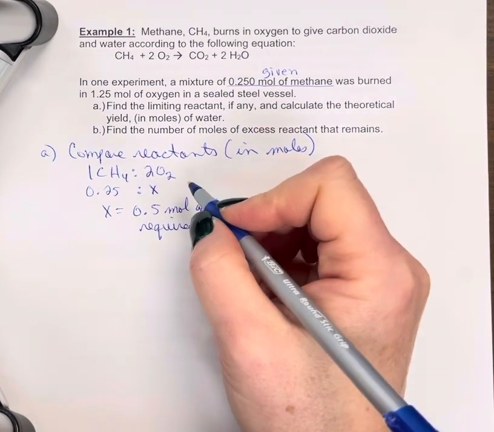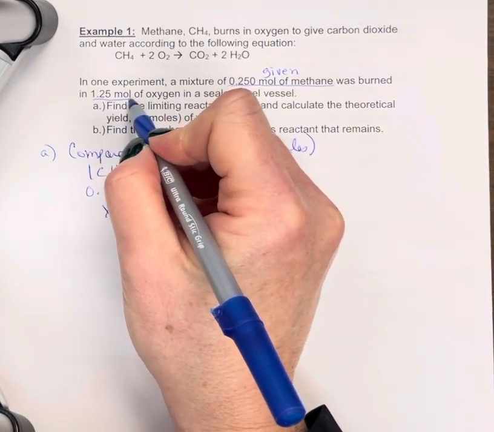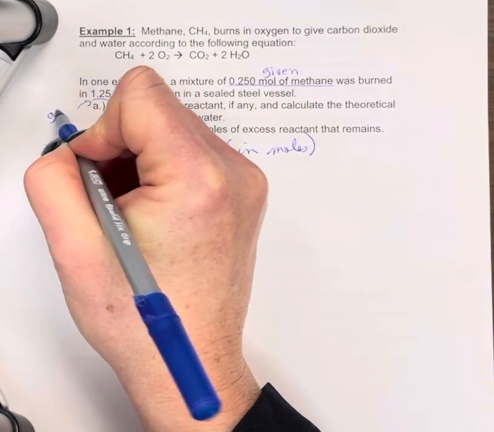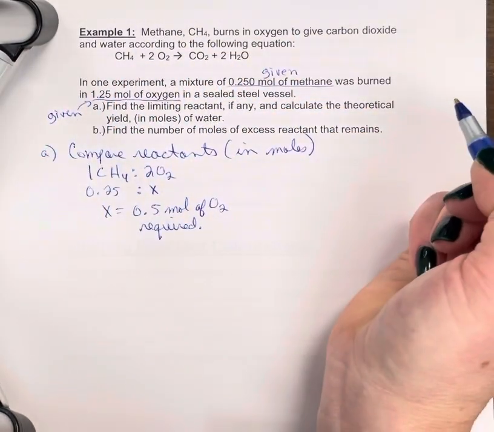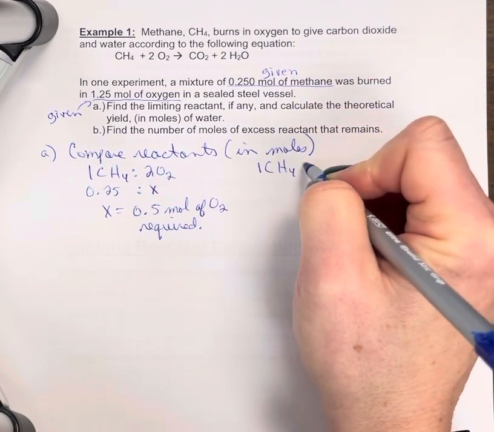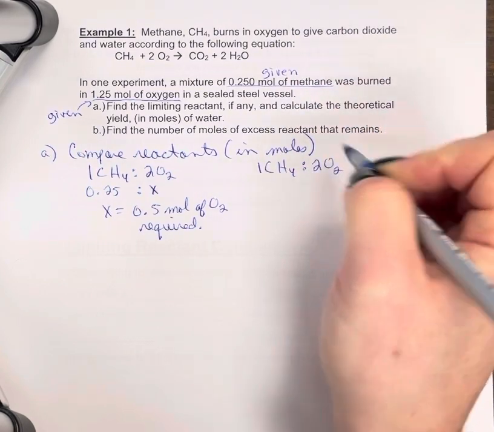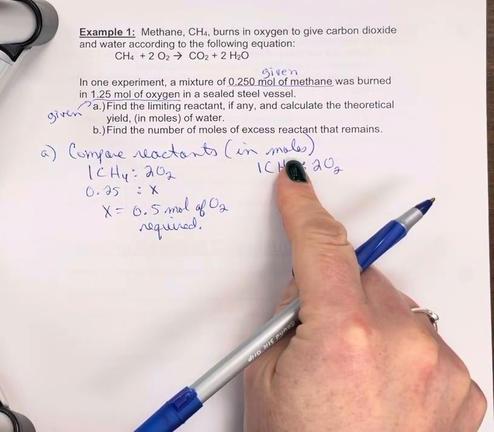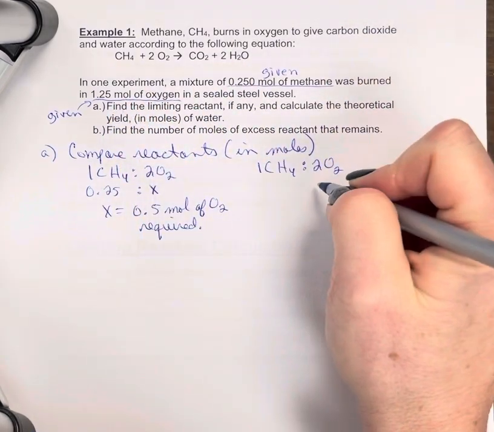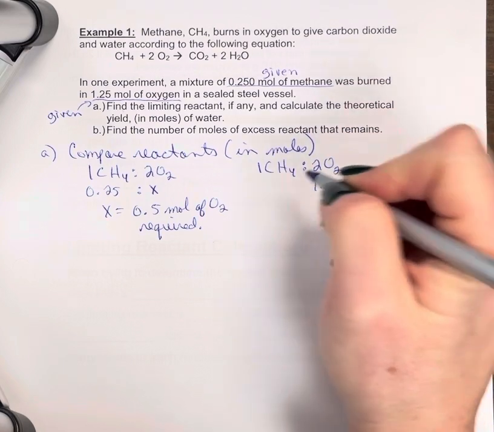We're going to do the same step, except we're going to now compare what if we used up all of the oxygen given in the question. So again, given, that amount's going to be helpful. We're going to have 1 CH4 for every 2 O2. So again, for my balanced equation, I'm doing that same step. But this time I want to know if I used up the 1.25 moles of oxygen, so I put that there.